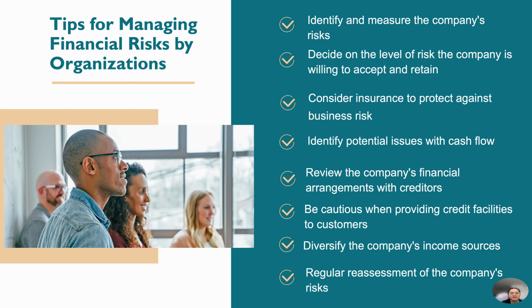Managing financial risk is a high priority for businesses, regardless of their size or industry. An organization should consider various factors affecting financial risk. This can be classified into two categories: external and internal factors. External and internal factors should be considered when undertaking financial risk assessment. External factors refers to factors that are beyond the control of the company.